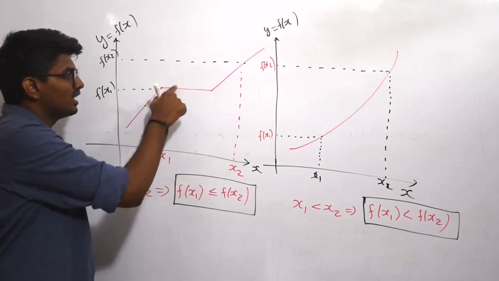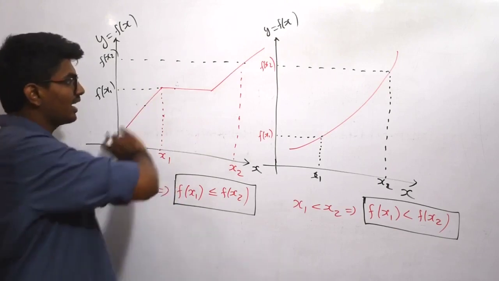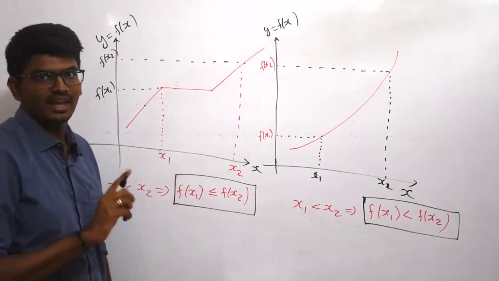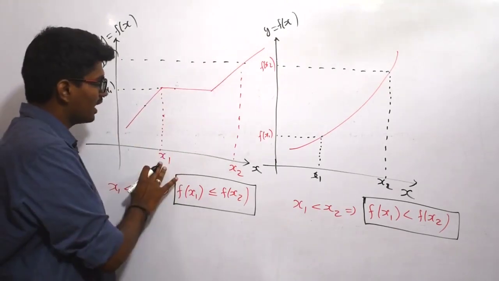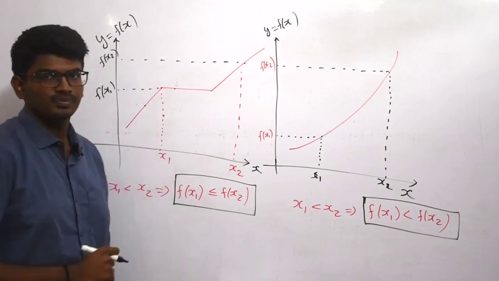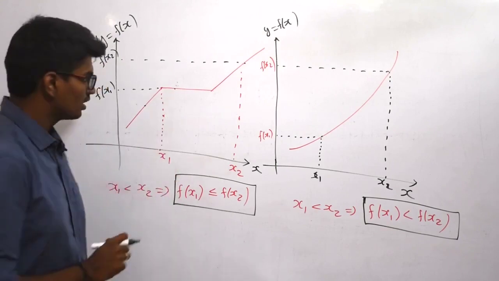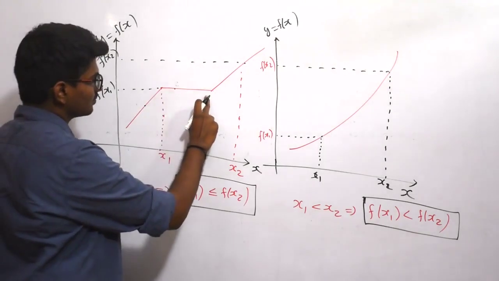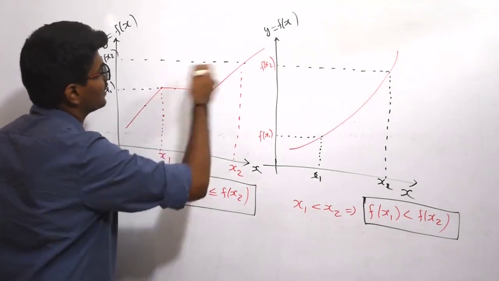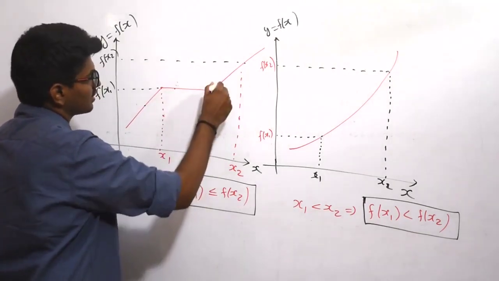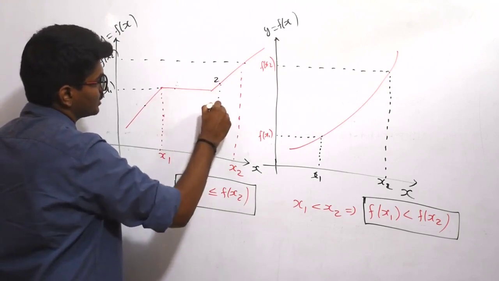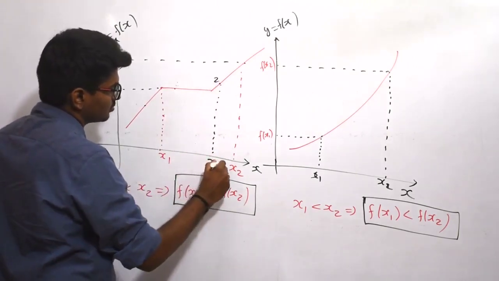The first point which I am going to take in this curve of the function is x1. Okay, I took the first point here, x1. Now I keep on moving, and if I take any point after x1, and mark it as 2, this will be x2, right?